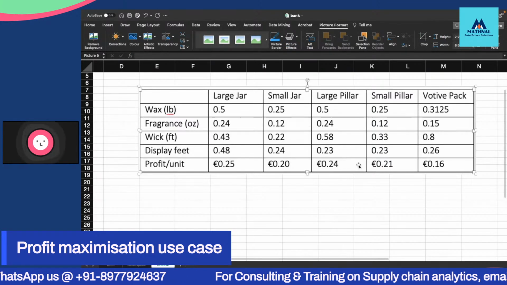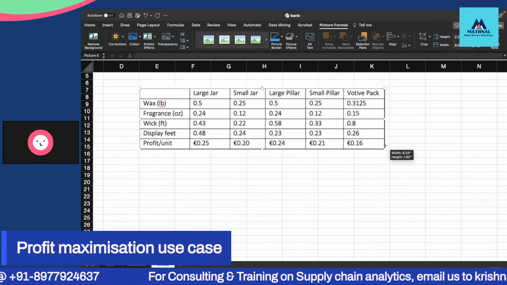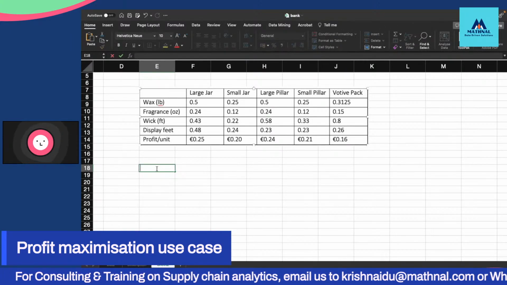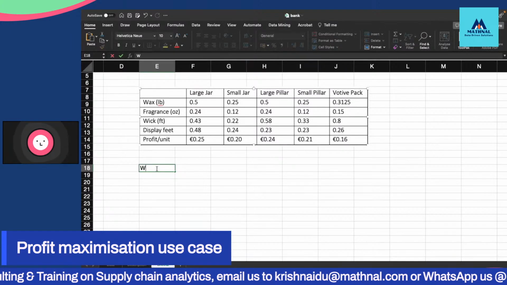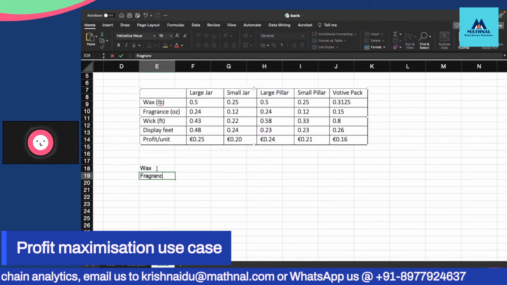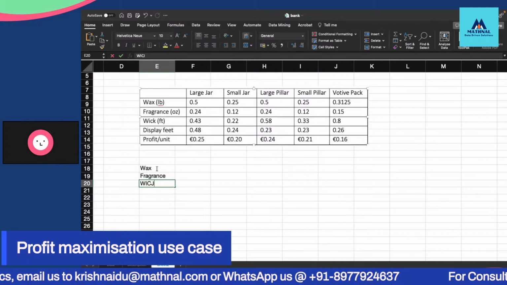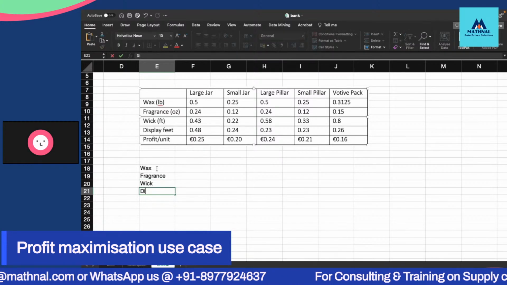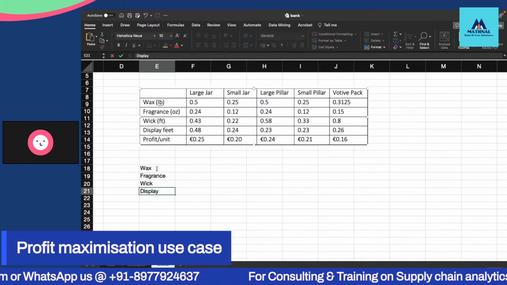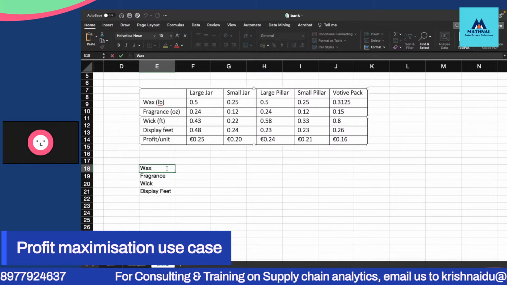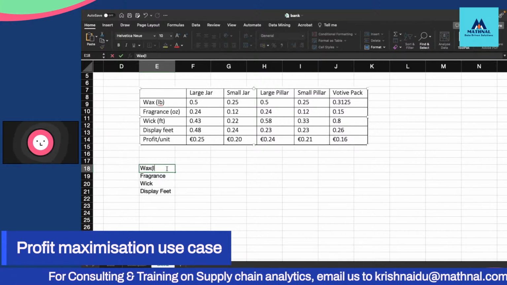So now at least we can see it. I'll just create a table from this picture: wax, fragrance, wick, display. I will also put the units here.